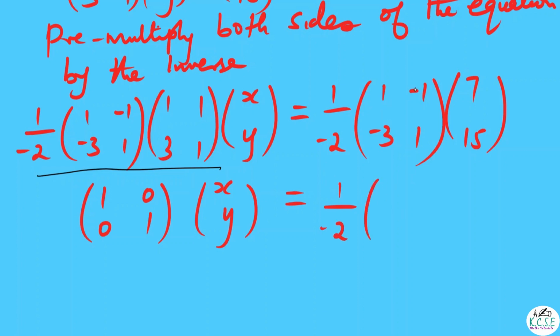When you multiply row 1 by column 1, first row, first column, second row, second column. So when you multiply first row and first column, this will give 1 times 7, which is 7. Negative 1 times 15, this will be negative 15.